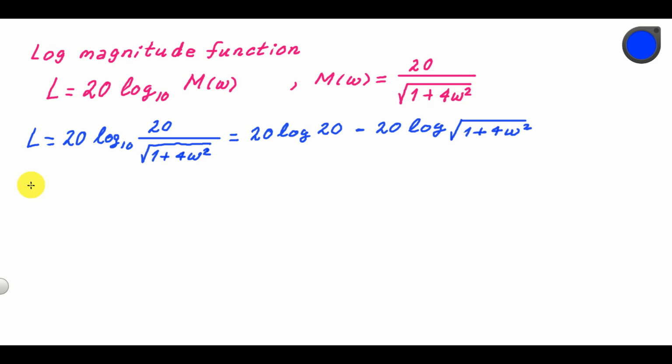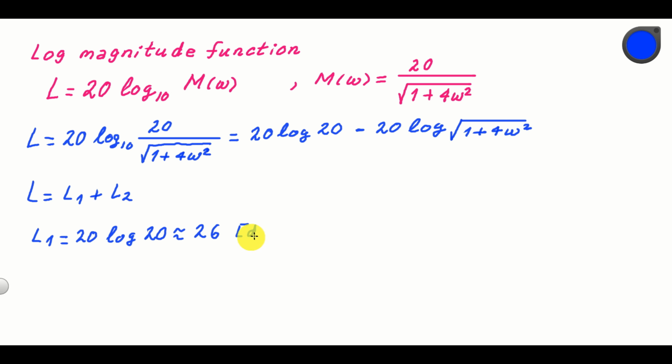We see that we can represent L as a sum of L1 plus L2, where L1 is 20 log 20, and this is approximately 26. What is the unit for L? The unit is decibels.